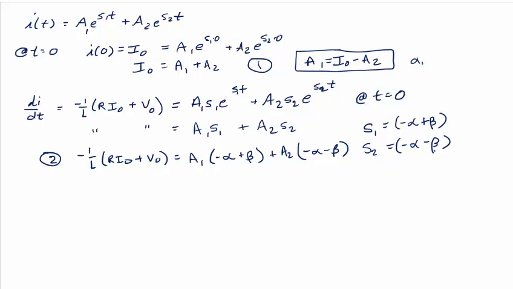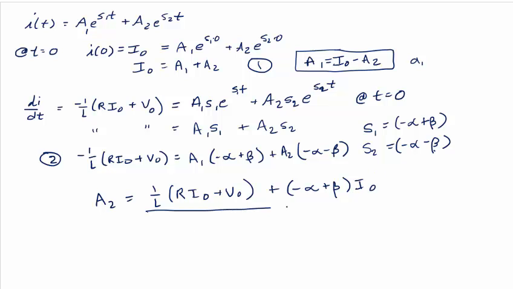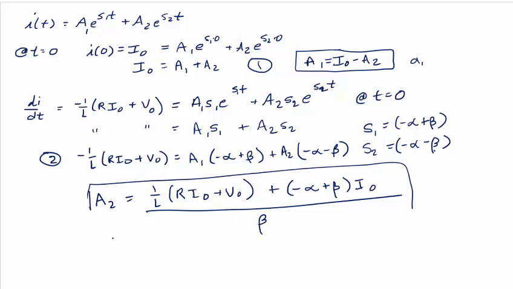Actually, I call it A1 in MATLAB. And the other equation, after doing bunches of tedious elimination with these two ugly equations, is that A2 equals 1 over L times R I0 plus V0. I felt like deriving that, because I think we should all know where everything came from rather than taking the equations right from the end.